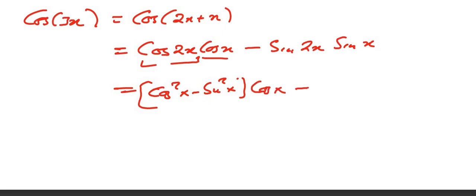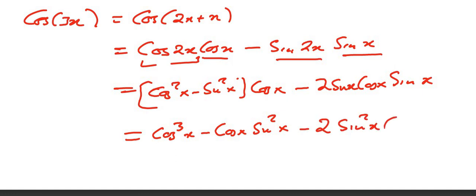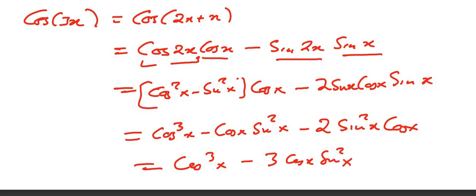Then minus 2 sine x cos x multiplied by sine x. This will be cos cubed x minus cos x sine squared x, minus 2 sine squared x cos x. This ends up being cos cubed x minus 3 cos x sine squared x, because these two are like terms.